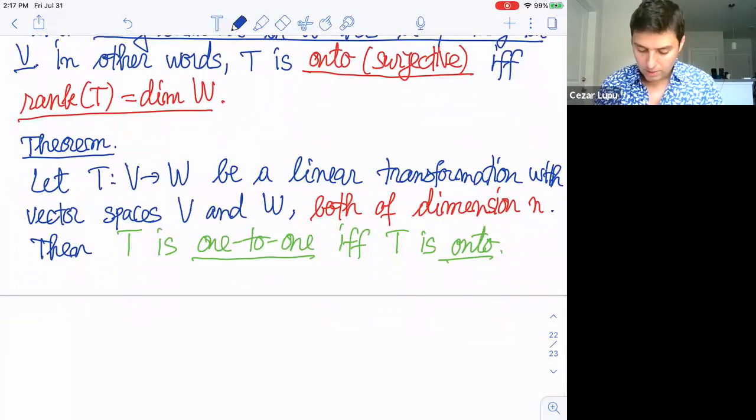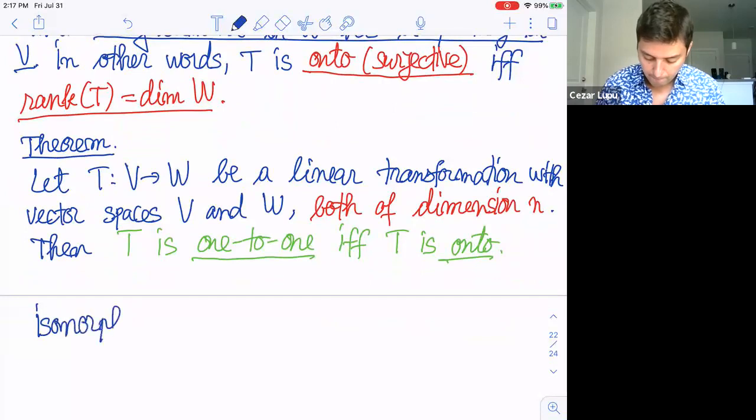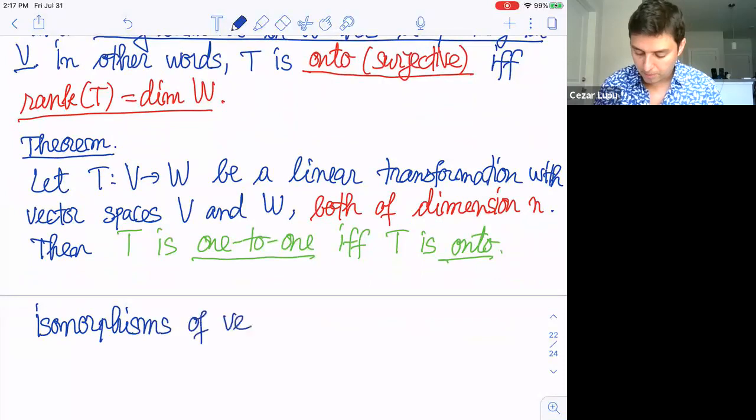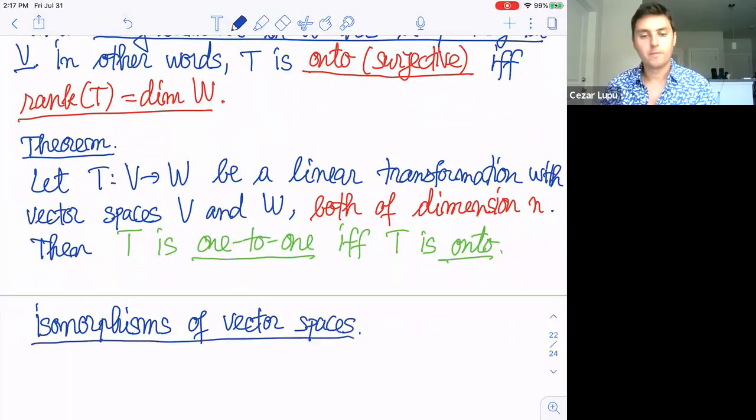But before we go and do this, let me talk about isomorphism of vector spaces. We want to see what this is all about.